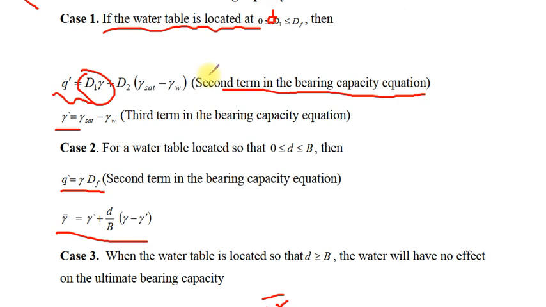And the third case is far from the base of the foundation, at a distance greater than the width of foundation B. And the effect will be at the second term and third term.